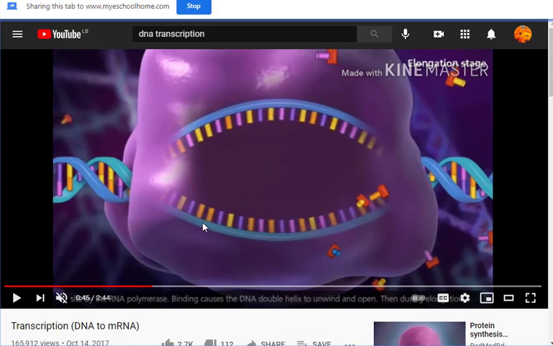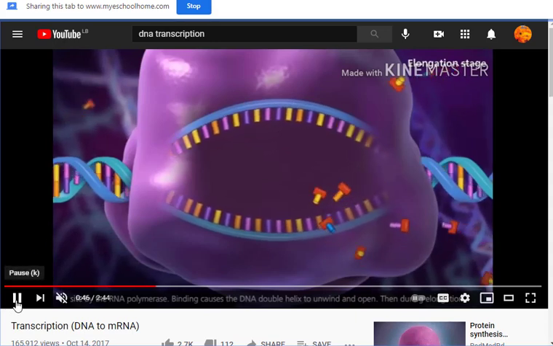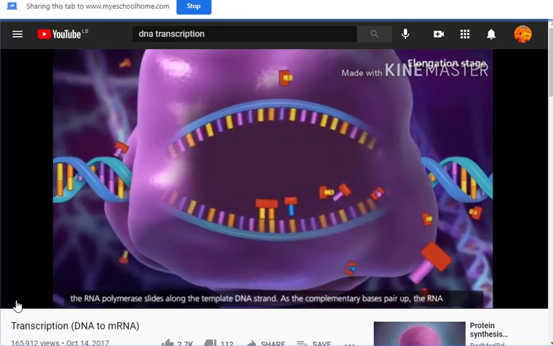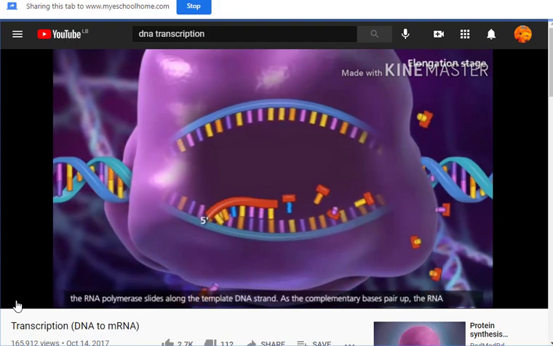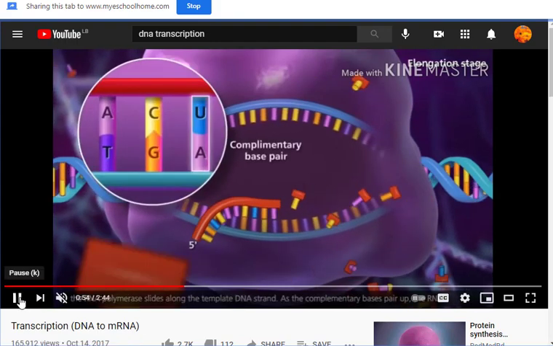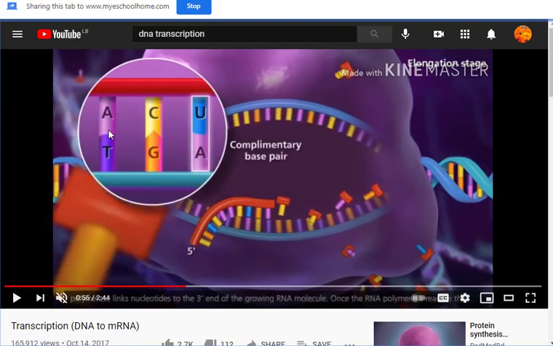One is called the template, or transcribed, and the other is the coding, the one that is for support. Look what it will do. It'll start reading and put the opposite. So now the red sequence, you see T, the RNA polymerase puts A, G, C, A, U.